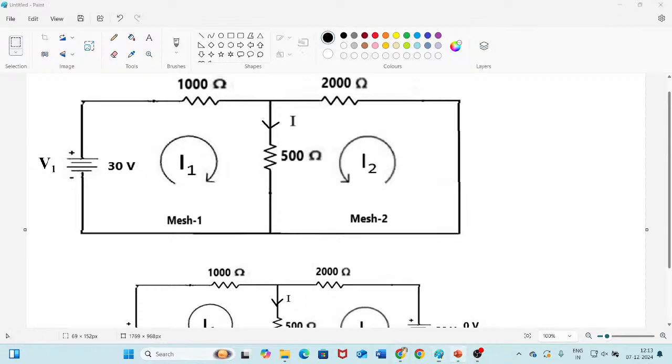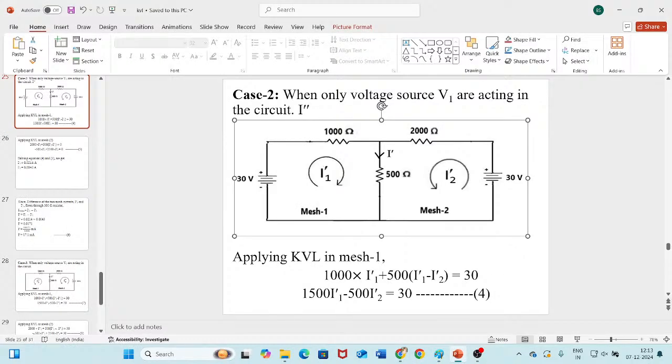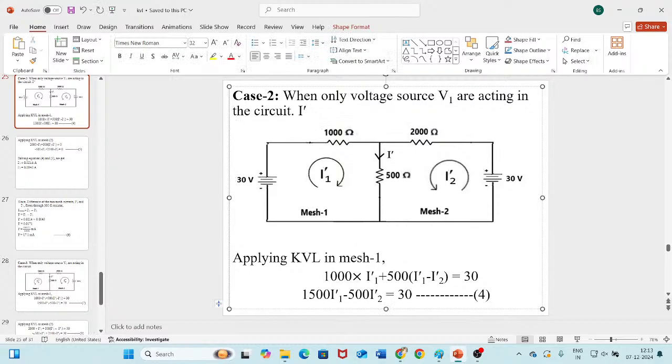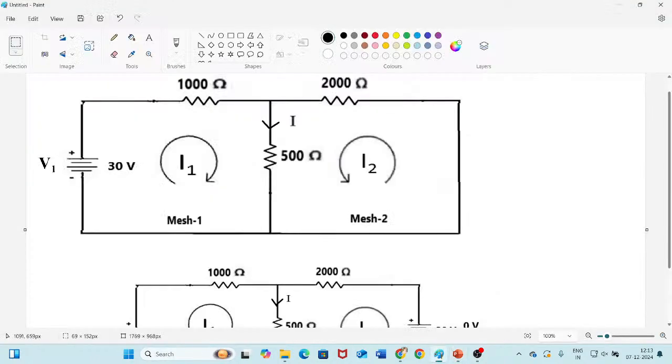So this is it. Only V1 is acting in the given circuit and let us assume I dash is the current through 500 ohms. Earlier we assumed it as I. Now I am assuming the current through 500 ohms when only the V1 voltage source is acting as I dash.